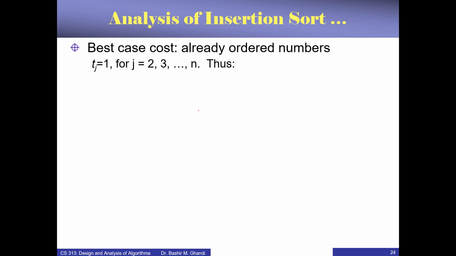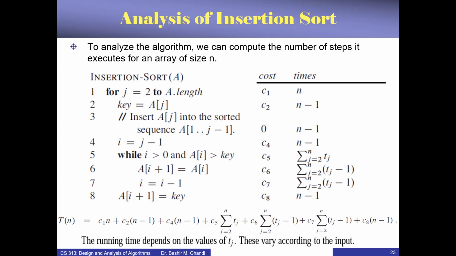Let me again just go back just to make sure we are clear. What is summation for j from 2 to n of 1? We are saying keep adding 1 plus 1 plus 1 plus 1. How many times? The number of times the body of the loop will execute. Because we are starting from 2, it's actually going to be n minus 1.